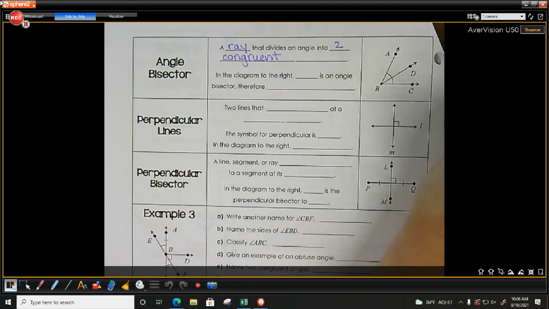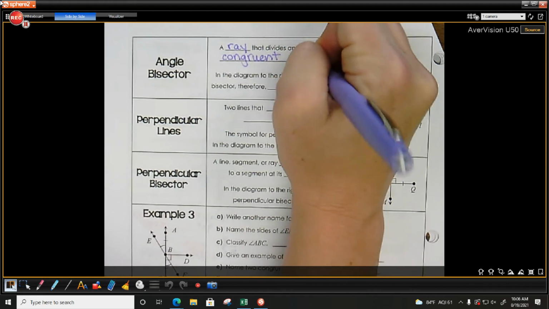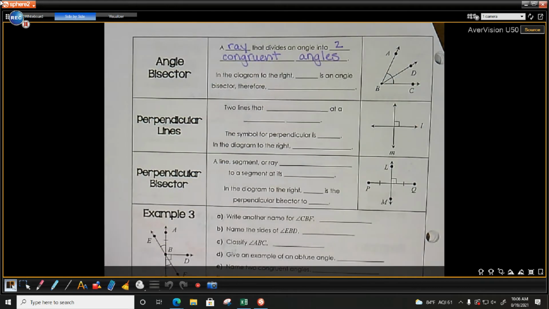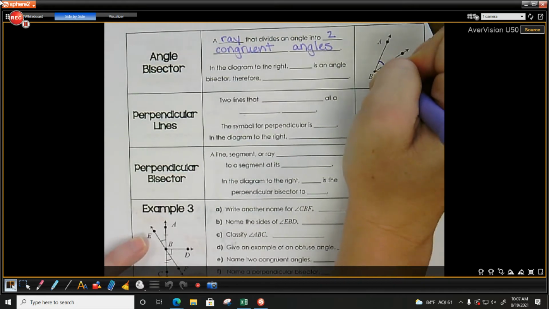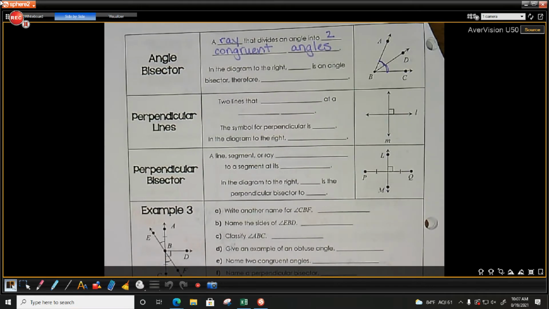Angles. Guys, if it's a segment bisector, it is dividing it into two congruent segments. If it's an angle bisector, it is dividing it into two congruent angles. Okay? Notice how I'm denoting that on the picture. This and this. That means those two angles are congruent to each other.